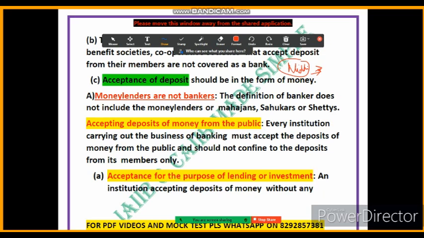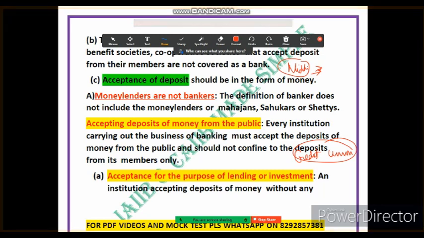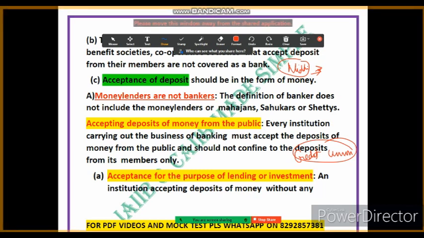So can you tell me, will you consider a credit union a bank? Answer is no. Why no? Because it is not accepting deposit from the public, right? It is accepting deposit from its own members only. Similarly, I have talked about nidhis and cooperative societies, which accept deposit from their members only. They do not accept deposit from the public, so they are not called banks. Banks should accept deposit from the public.